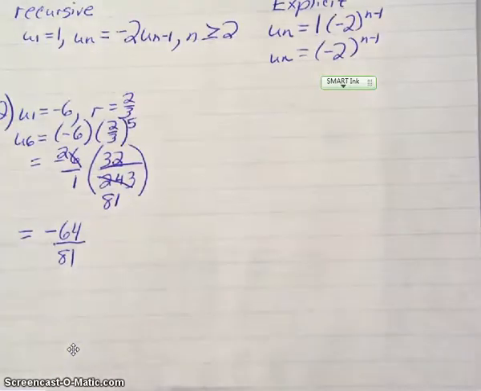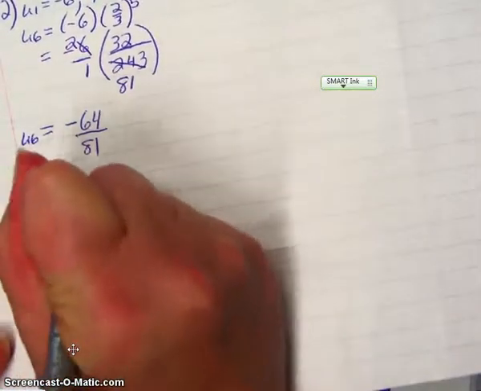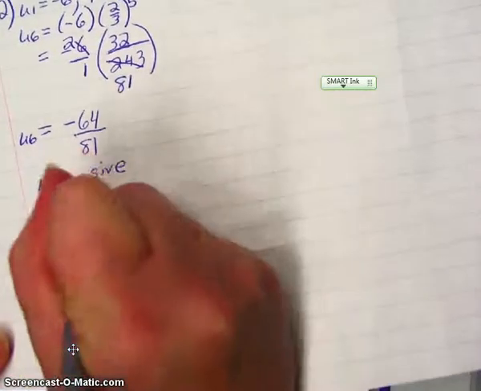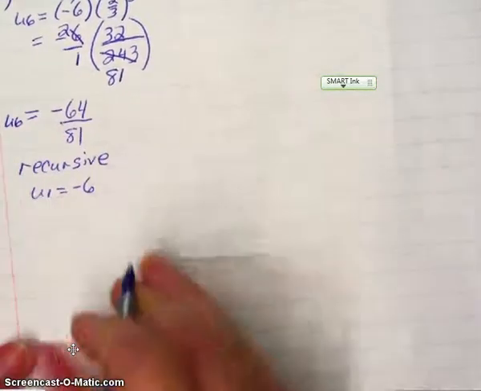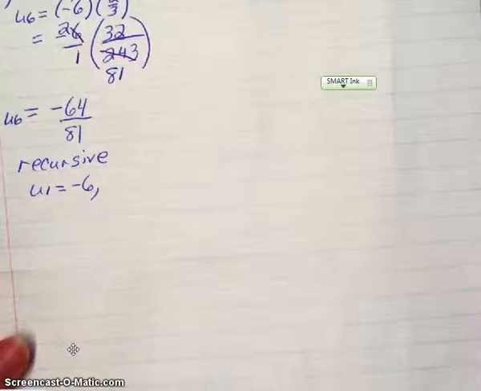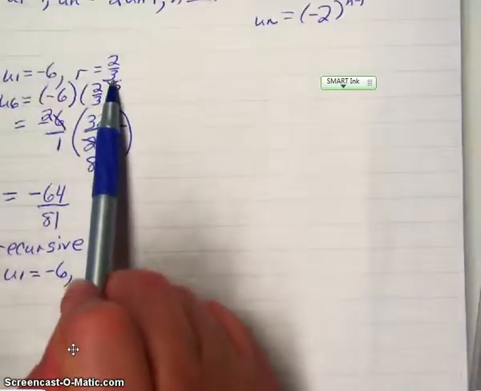Okay, so now I'm going to do the recursive formula. This was my 6th term. Recursive: I've got u sub 1 equals negative 6. My formula is going to be the previous term times the common ratio of 2/3.